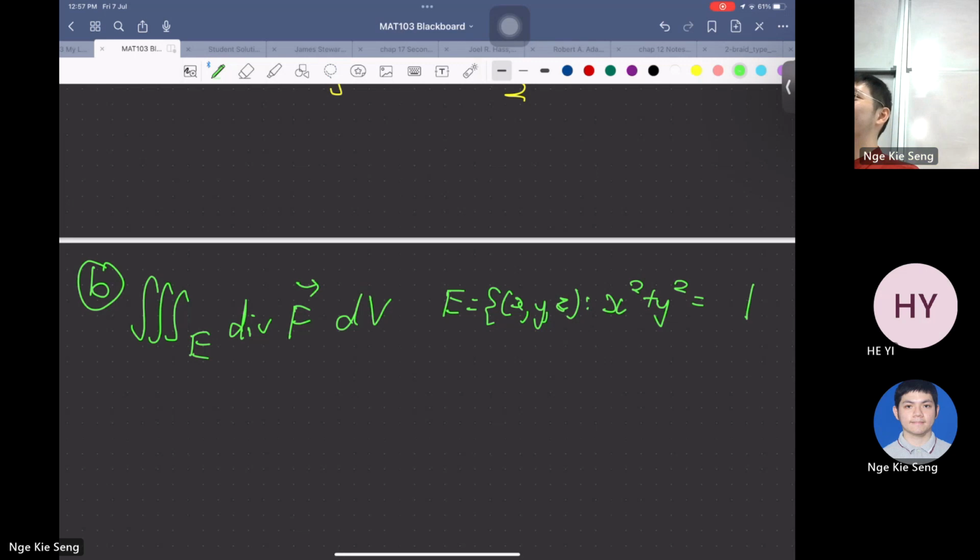Sorry, r less than or equal to 1. Equal to 1 only gives one circle. We don't only want a circle, we want everything inside the circle, so less than or equal to 1.